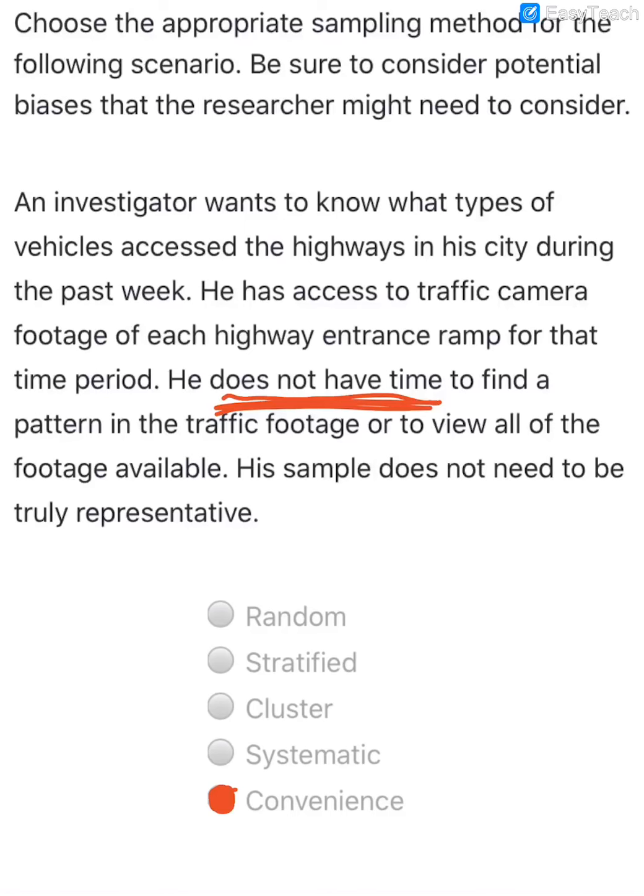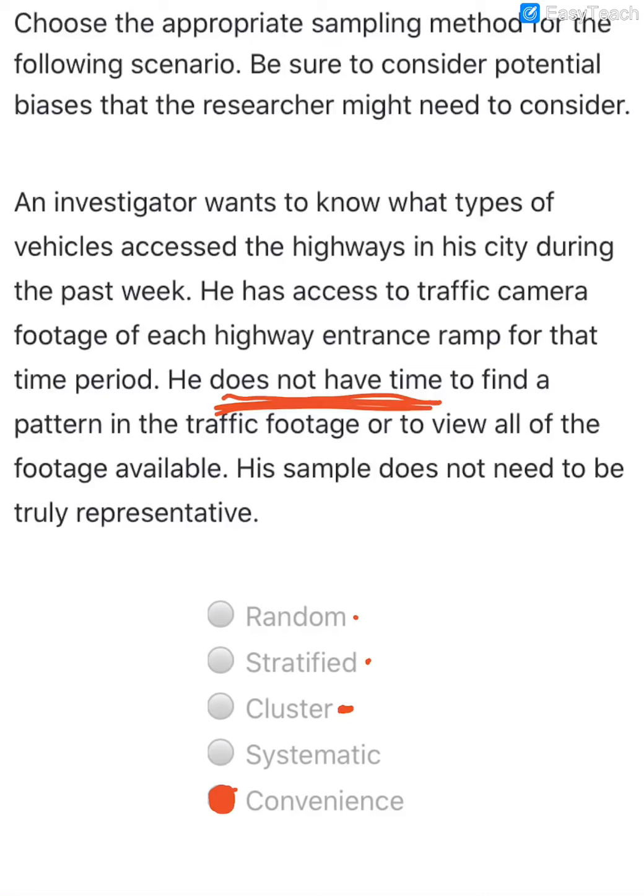So remember that random is where you just totally go in, like choosing numbers out of an actual hat. Cluster and stratified are both based on groups. Cluster is where you put them in groups where they're similar to the population.